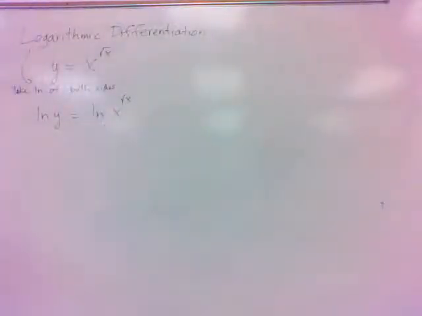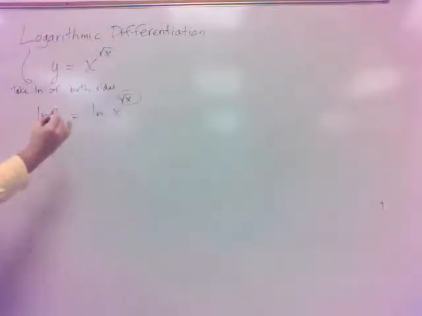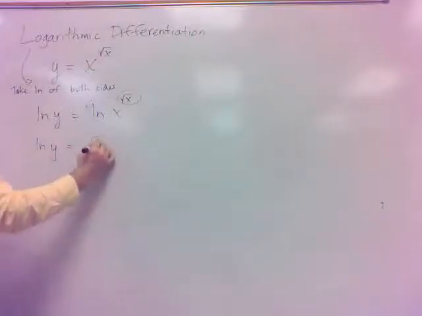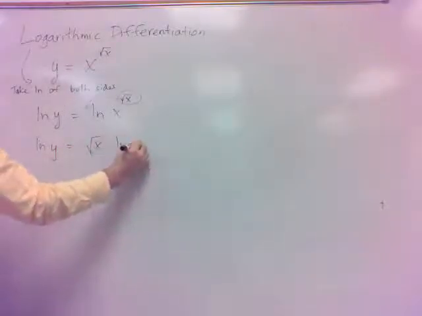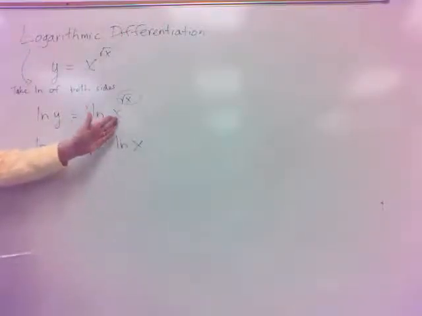Well, since it's a logarithm, what can I do with this power? Yeah, it can come out front there. This power in a logarithm can be brought in front. So I have the ln of y equals the square root of x times the ln of x. Hence, the problem is solved because now I don't have a variable in the power and in the base.